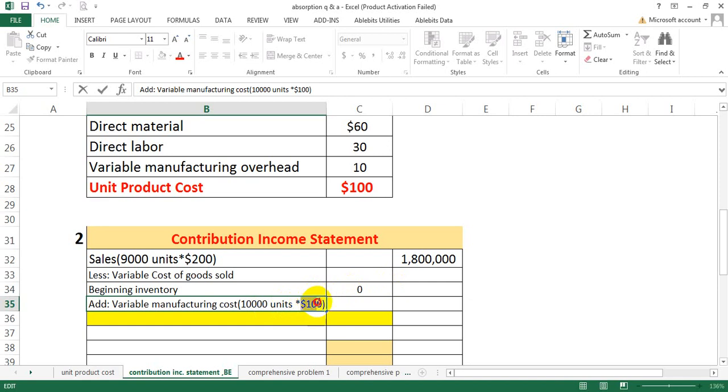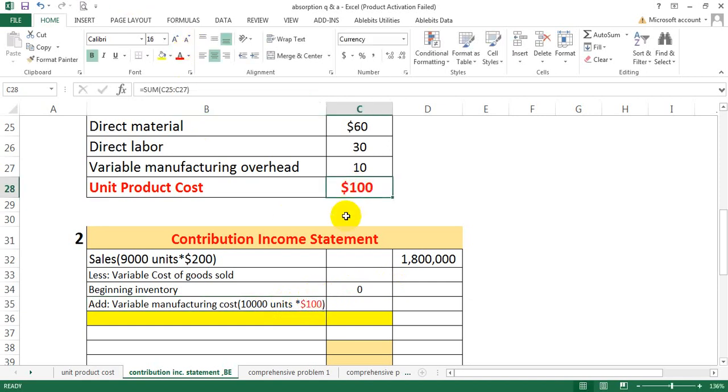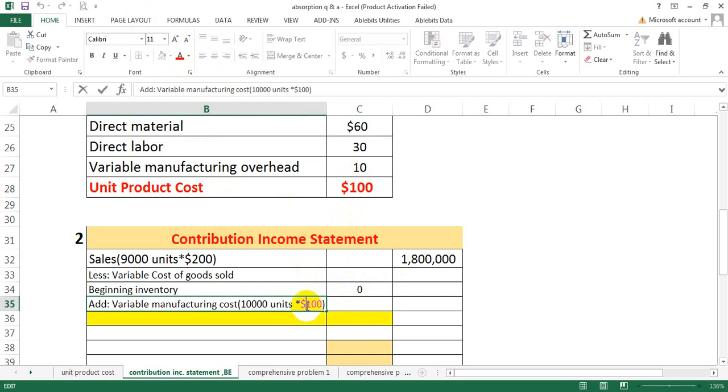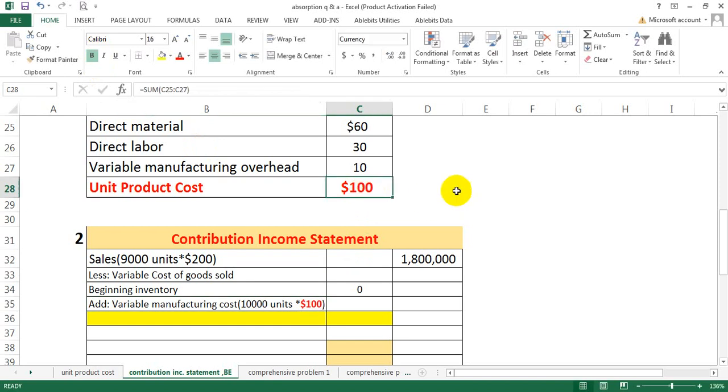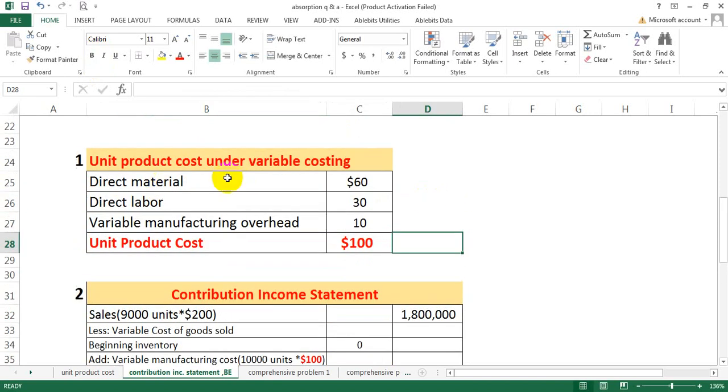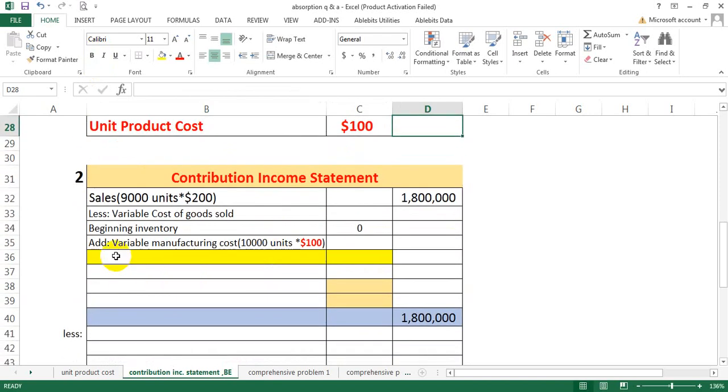Check your variable unit product cost, that is 100. I got it from above, where I calculated the unit product cost under variable costing. Multiply these two values, units into per unit cost.